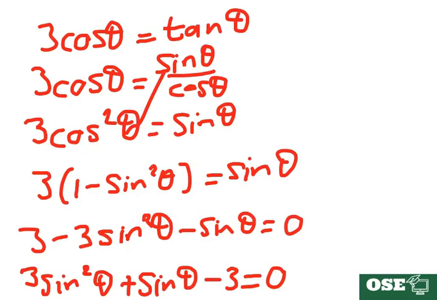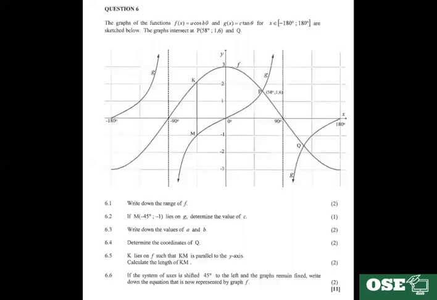Okay, let's skip this question. We'll come back to this now. The next question says K lies on F such that KM is parallel to the y-axis. Calculate the length of KM.